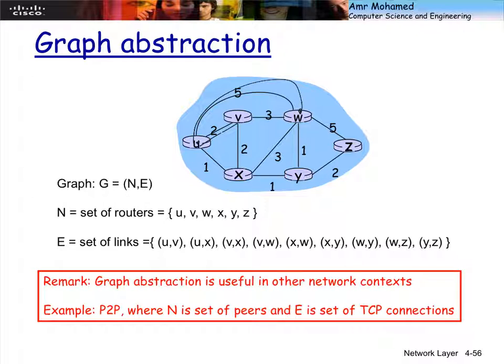Someone might ask, what does the cost represent on the link? The cost represents the amount of effort that you have to spend in order to go through this link. So obviously, if the link has greater bandwidth, the cost will be less, which means that the cost is inversely proportional to the bandwidth.